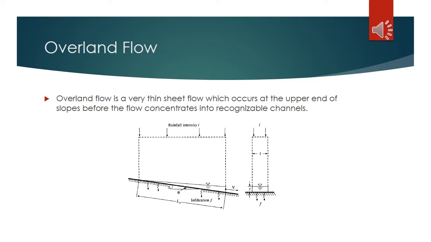Overland flow is a very thin sheet flow which occurs at the upper end of slopes before the flow concentrates into recognizable channels. As you see in the drawing, we have a slope, and the water on the right side of this inclined surface is accumulated, and the depth varies with the length.